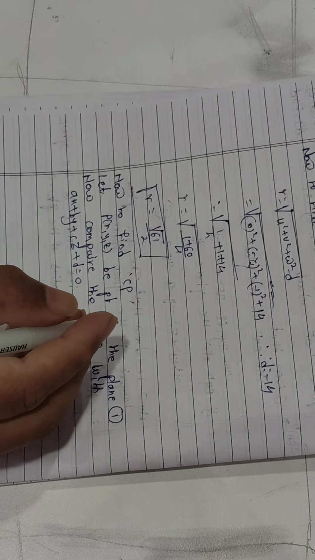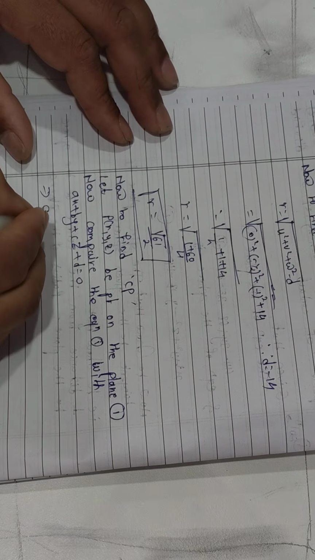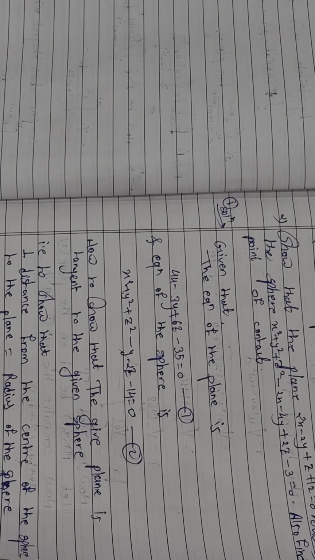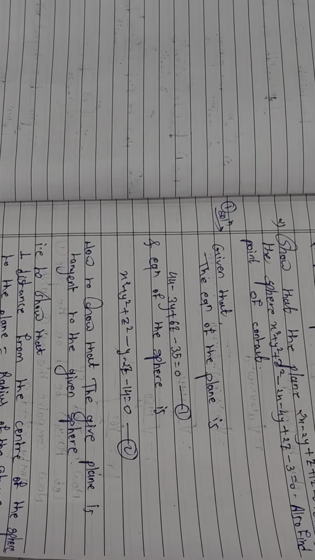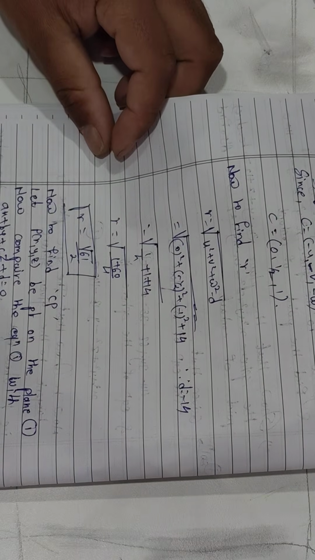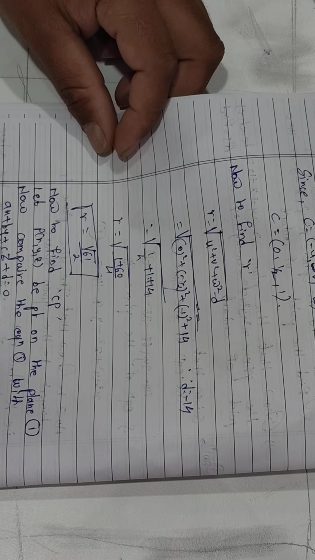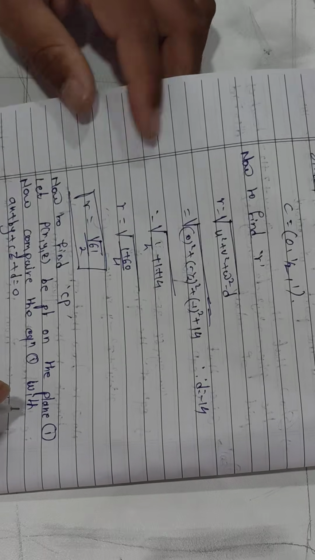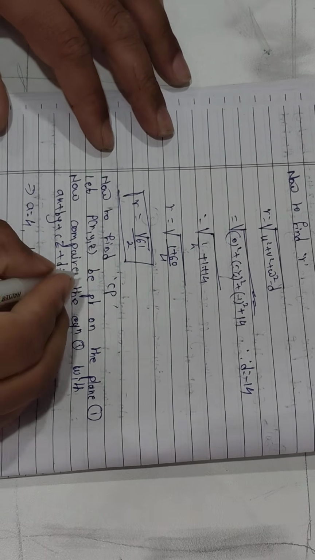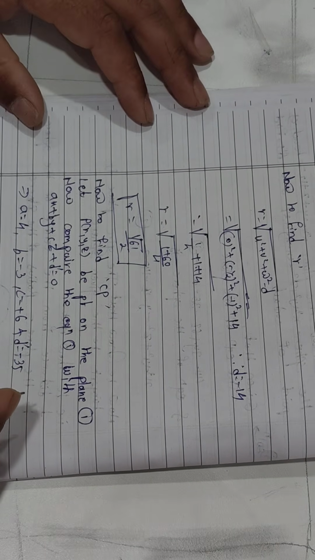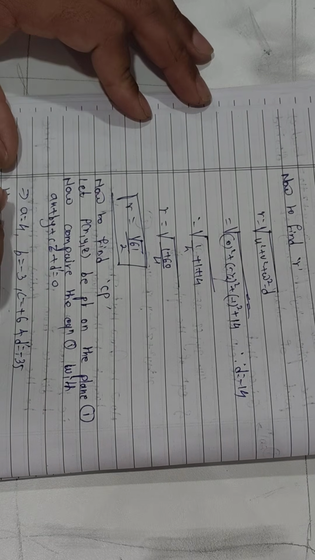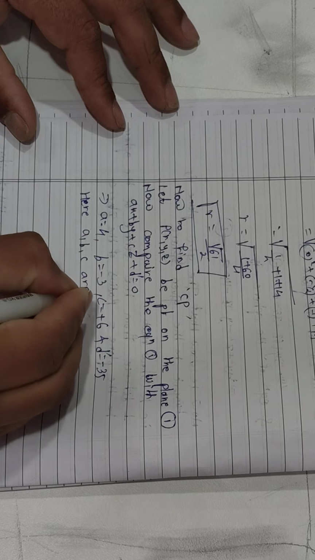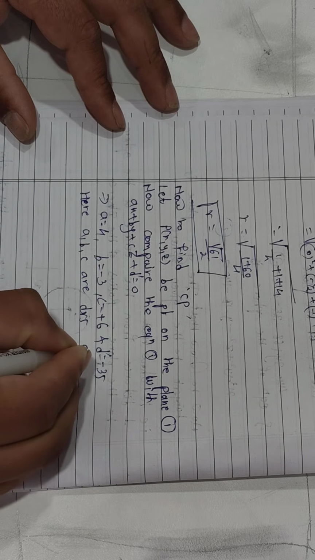This is the standard equation of the plane, which implies a equal to 4, b equal to -3, c equal to 6 and d equal to -35. So consider d dash equal to -35. Here a, b, c are direction ratios of the plane.